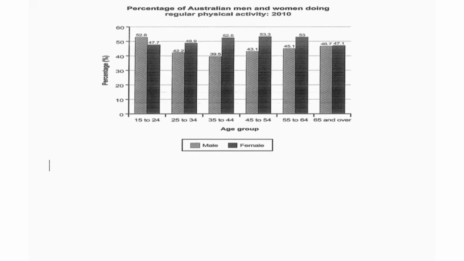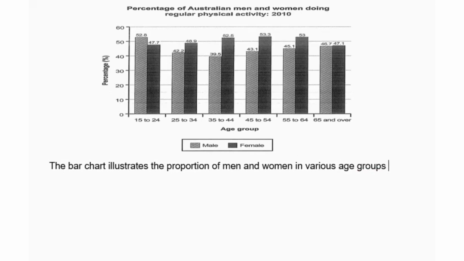So I have written here, so it starts with saying the bar chart illustrates the proportion of men and women in various age groups in Australia who engaged in regular physical exercise in 2010.